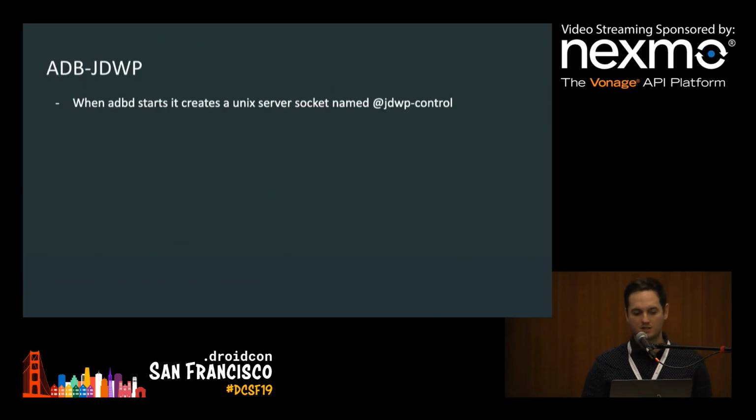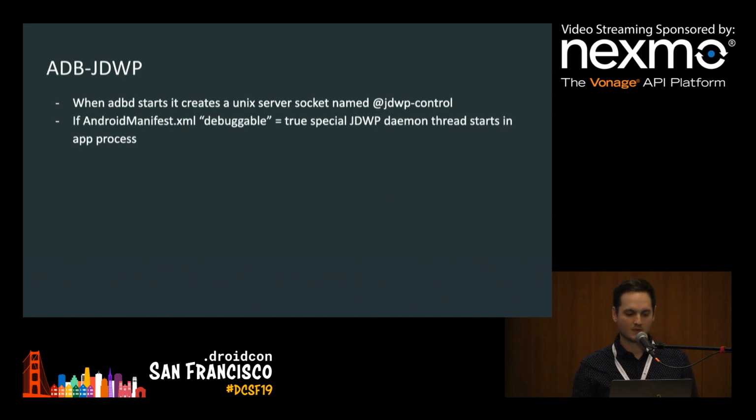So how does JDWP work? So when ADB daemon starts on the device, it creates a Unix server socket of a certain name. If our app is declared as debuggable, so if we have compiled it through Android Studio, regardless of it is of build type debug or release, it has a debuggable flag set to true.